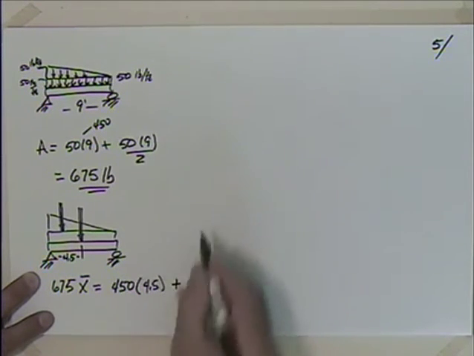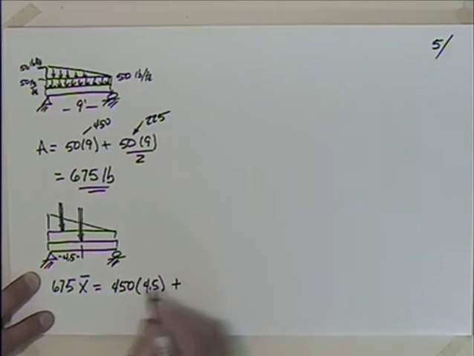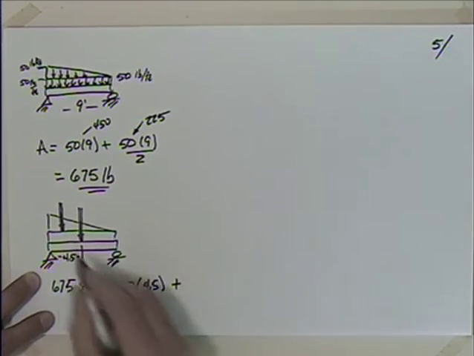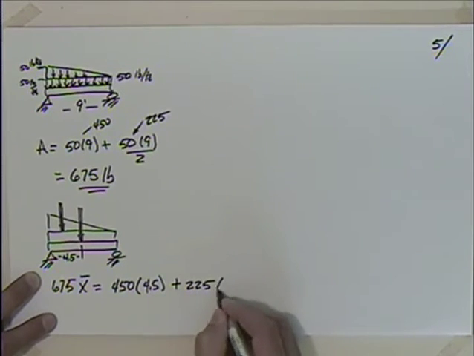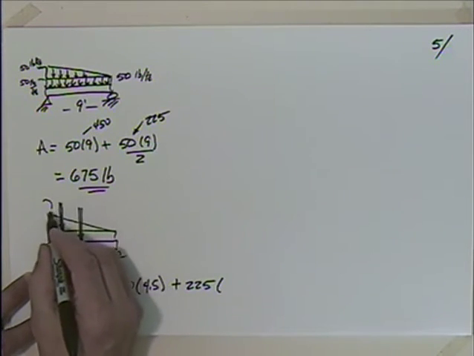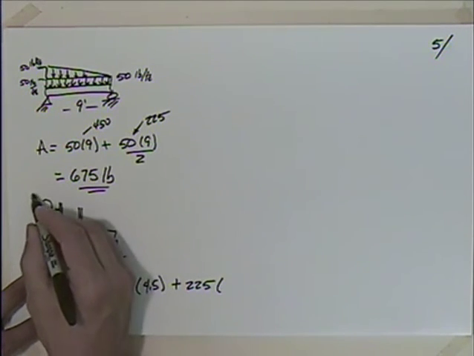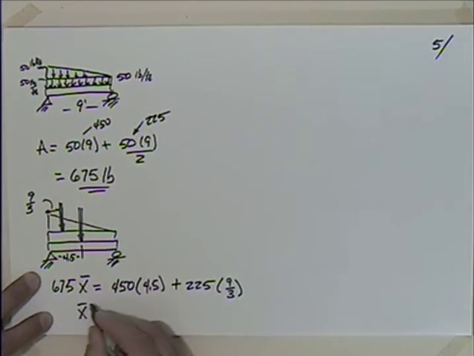plus, what's this, 225? Okay, that's the area of the triangle, and that's acting at 1/3. That's 1/3 of the distance, 1/3 of 9. So 9 over 3. So I could solve x bar with that.